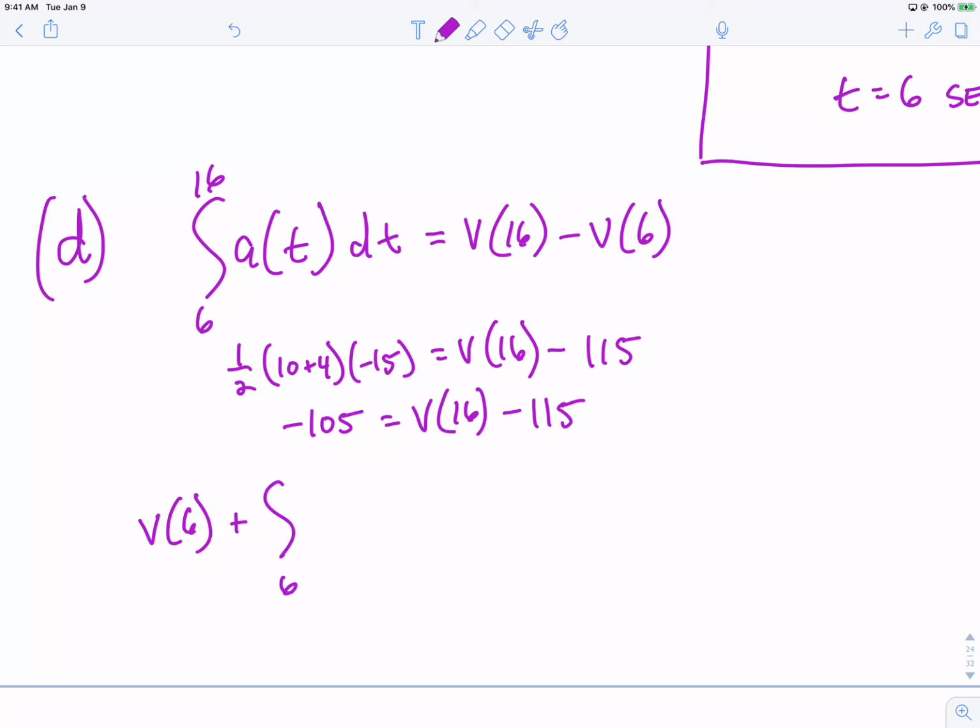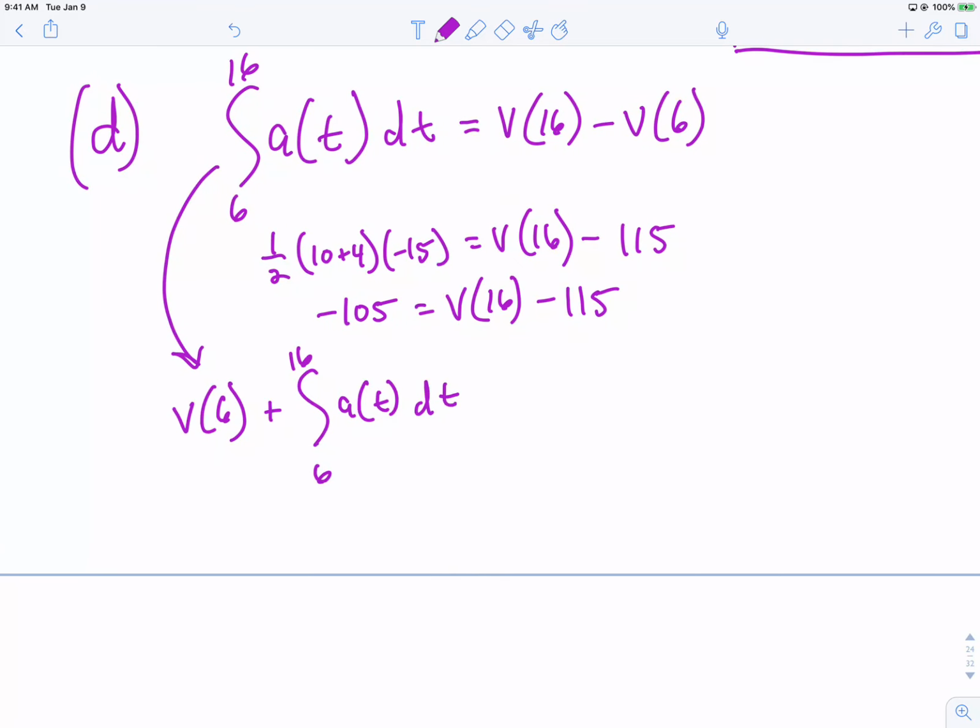So it's kind of where we started plus how much it changed. This is an alternate way. We could start from here and say it's v of 6 plus that negative 105. So whatever the velocity was at time 6 is going to have a net change of negative 105 by the time it gets to 16. So that's another way to think about it.